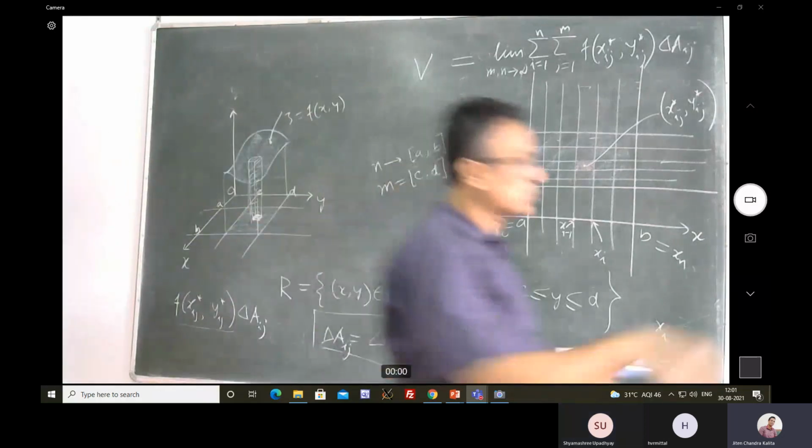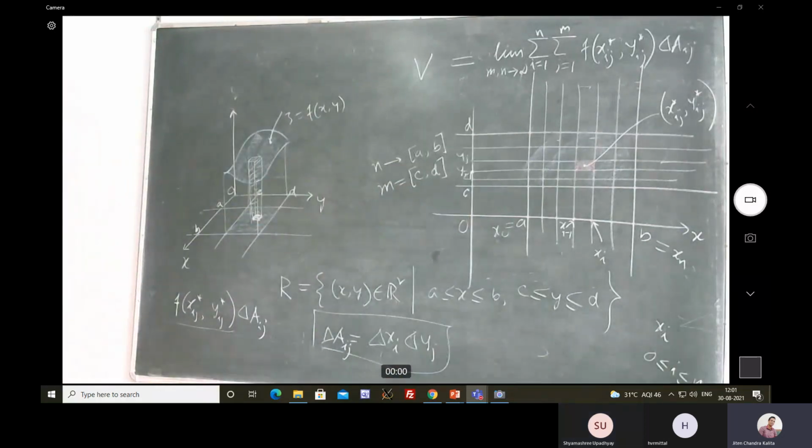So let me just show you the slides, and then I would like to come back to this limit again. I still haven't defined the definite integral as such. So in the slide itself, I'm going to give you the formula of the definite integral. As you can guess, this is going to be the definite integral of the function f of xy in that rectangle R.